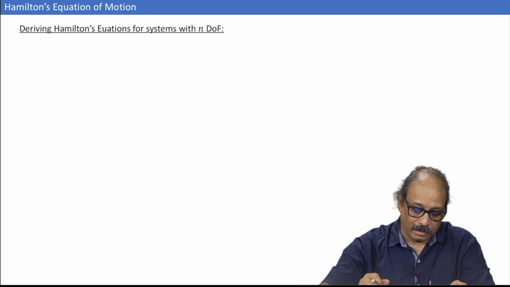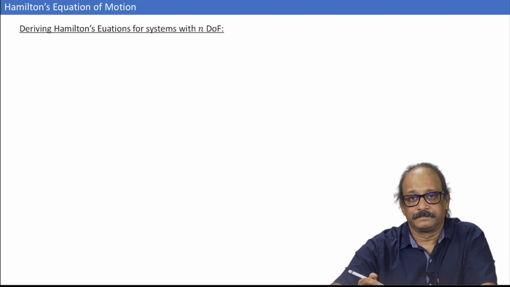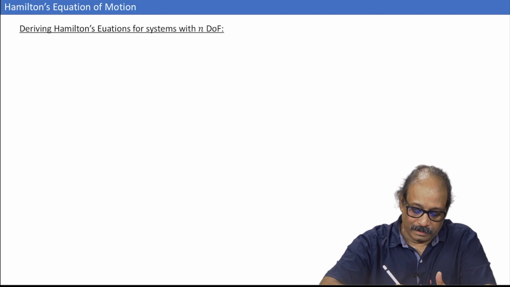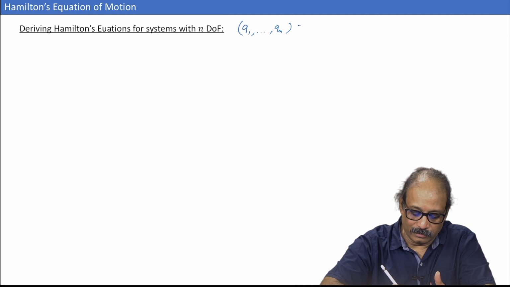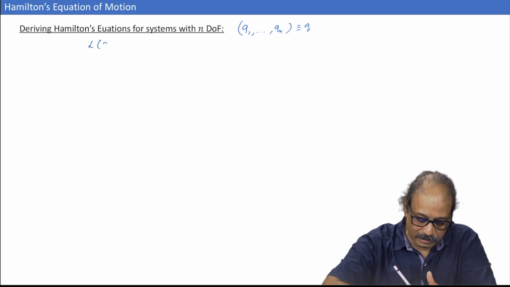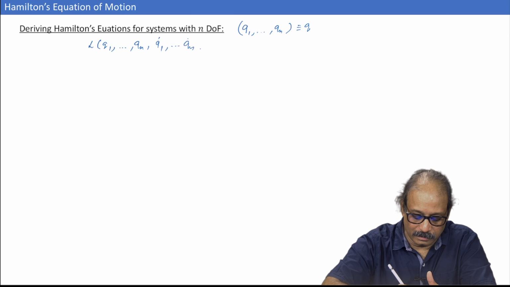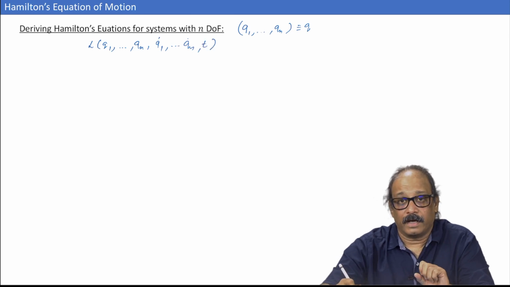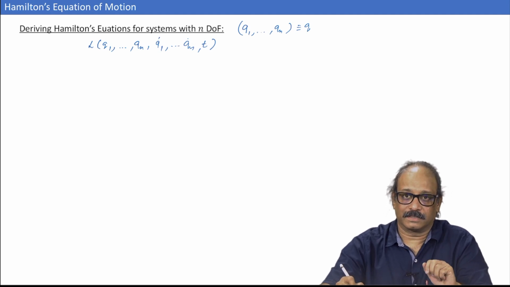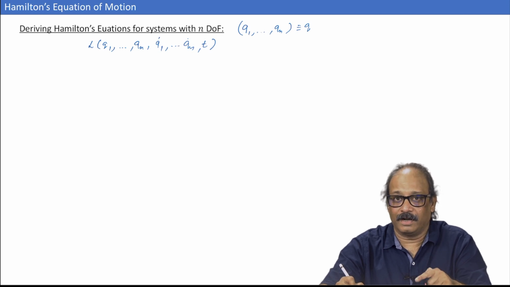Now, let me extend this formalism to several variables. So, you start with n degrees of freedom. My generalized coordinates are q1 to qn, and together I denote those by the letter q. And then you have the Lagrangian, which is a function of q, the corresponding q dot, and t. And now we want to take a Legendre transform, but not with respect to just one q dot, but all n q dots.